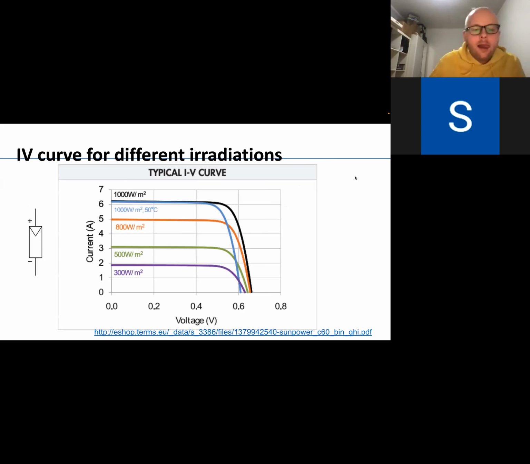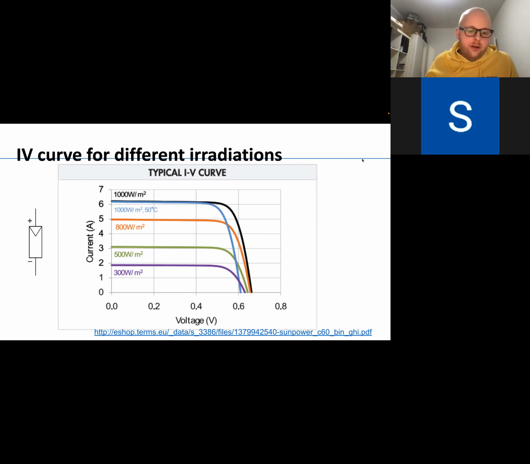This is a picture out of a data sheet of a SunPower solar cell. What you see on the x-axis is the voltage of the solar cell, and on the y-axis, the current. As you vary the voltage, the current is varied.